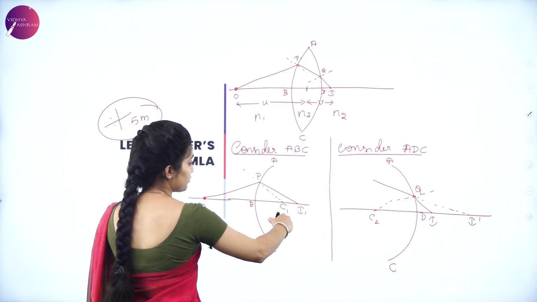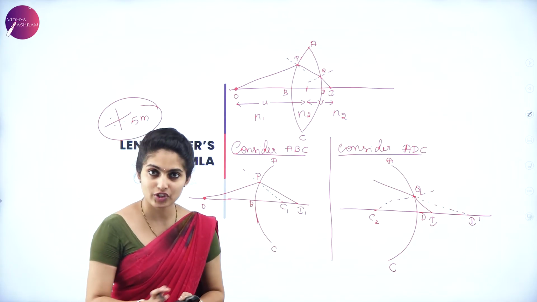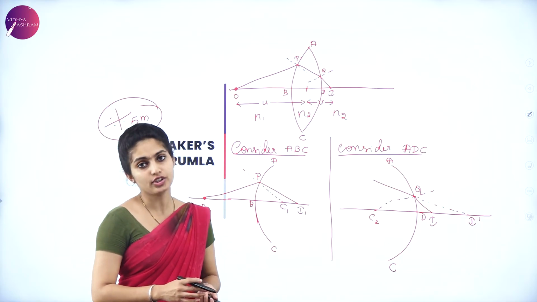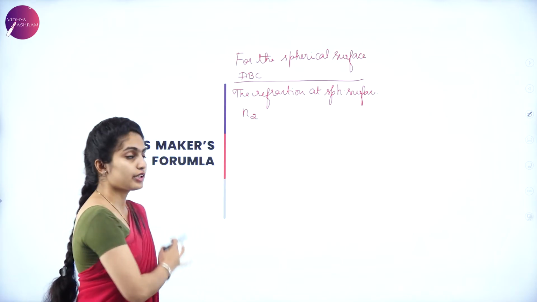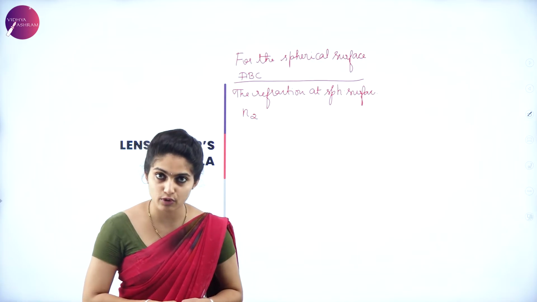We are considering the first spherical surface. The first spherical surface will have the radius of curvature R1 and the second spherical surface will have the radius of curvature R2. Here we consider R1 for the refraction at the spherical surface, which we had already derived, and we have a formula for it.